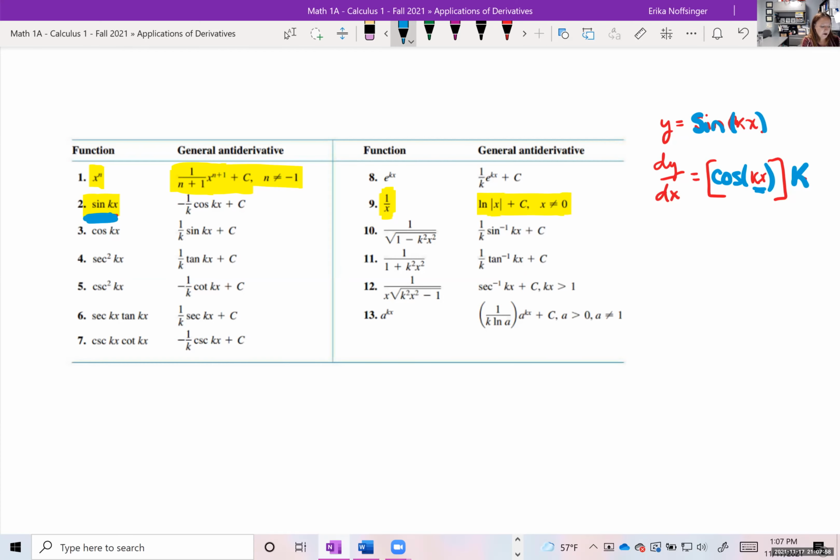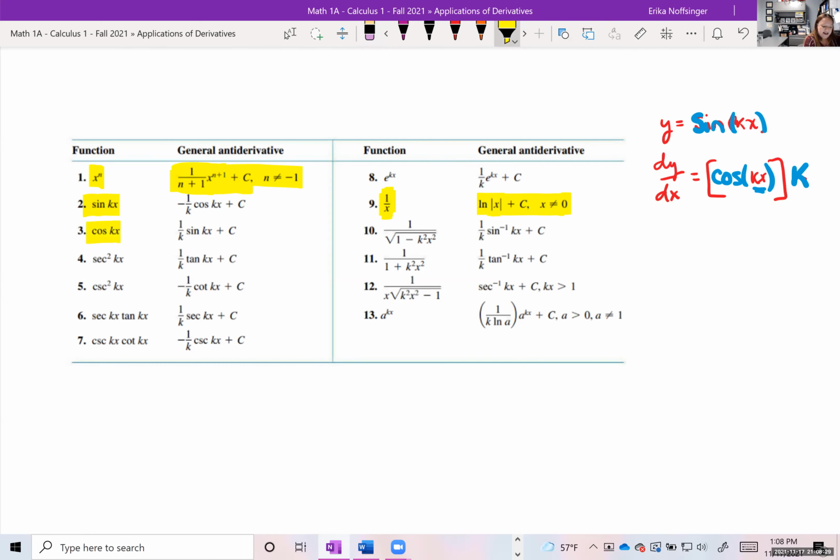Well, negative cosine would give me positive sine of the original kx, but we would have to divide by that k. So that would cancel out, plus c. So for those trig functions, basically, if you have sine or cosine of some coefficient times x, then we have to divide by that coefficient.